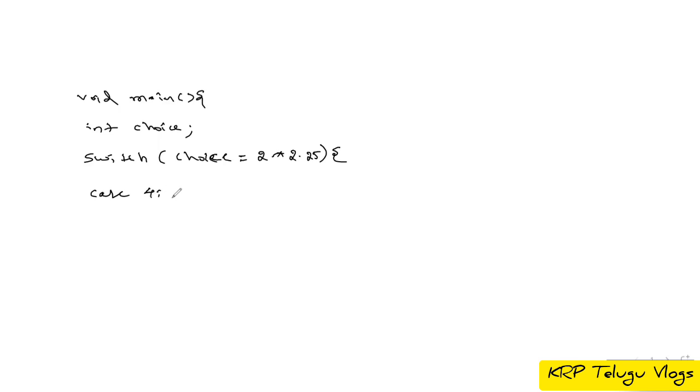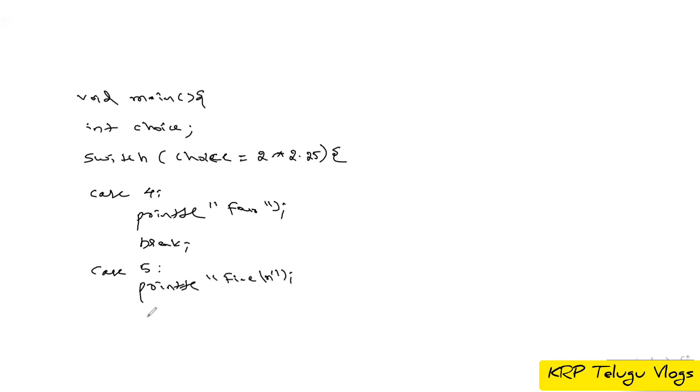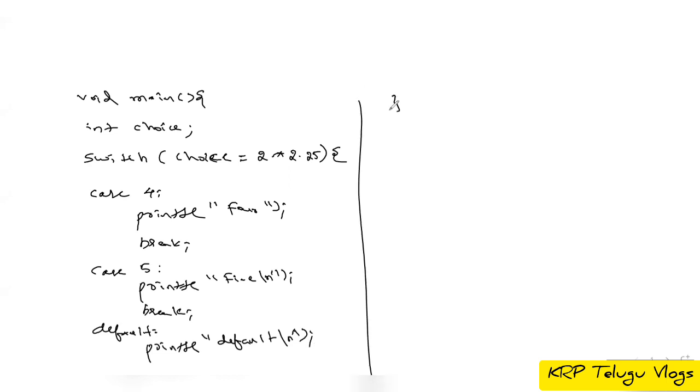Case 4: printf 4, break. Case 5: printf 5, break. Default: printf default. So now what will it print? What is the output?